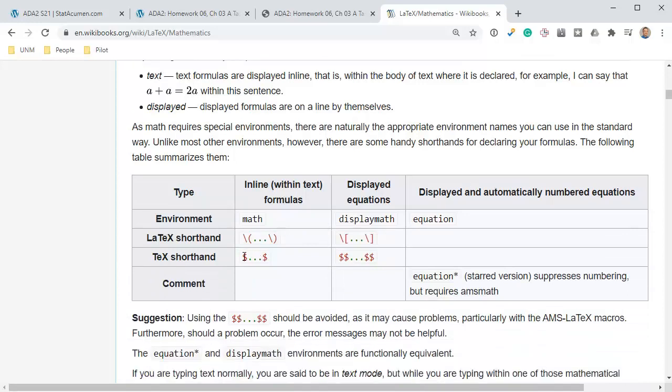The shorthand for an inline equation, inside of a sentence, is just to put single dollar signs around the equation. If you want a display equation on its own line and centered, then you put double dollar signs.